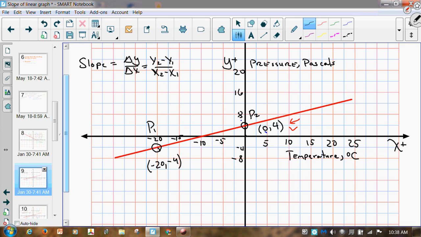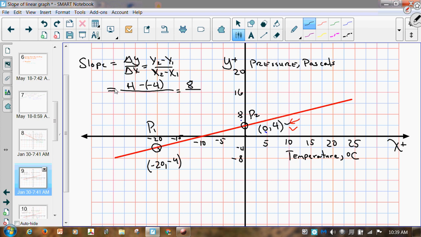So let's go ahead and fill in what we know. All right, and so what we have is y2 minus y1. The y2 value is 4, and it's going to be 4 minus a -4, from the lower point, point 1, which is going to give us a +8.